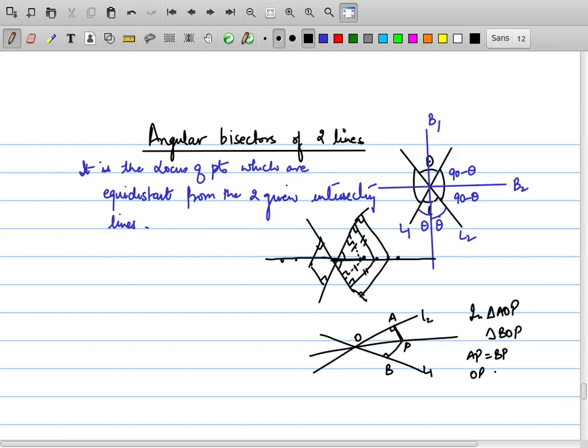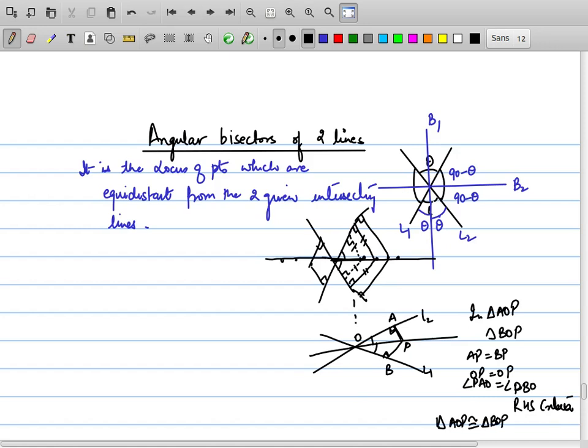Now OP is common, and this is 90 degrees each. Angle PAO is equal to angle PBO. Therefore, by the RHS criterion, these two triangles are congruent. Therefore, this angle will be equal to this angle. Therefore, this line is bisecting this angle, and so it becomes the angular bisector.